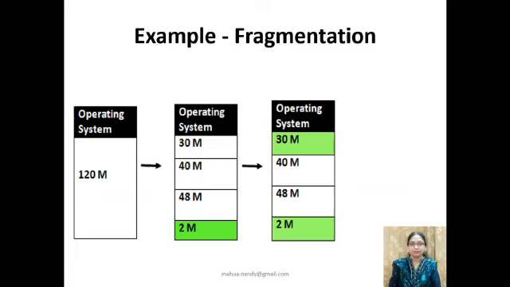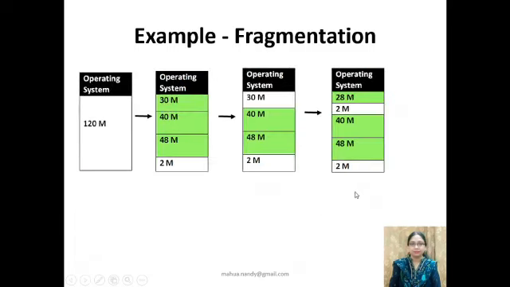So, the total hole created is 30 plus 2, that is 32 M. The next scenario is that inside the created 30 M hole, where previously the first process resided, another process of size 28 M enters and is allocated over there. So, the total amount of memory fragmented right now is 2 M plus 2 M equal to 4 M.